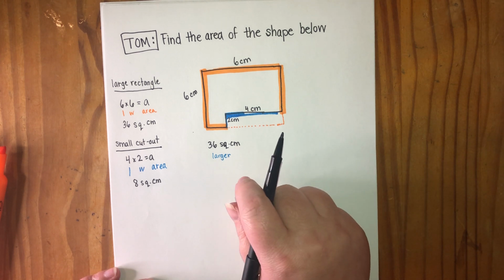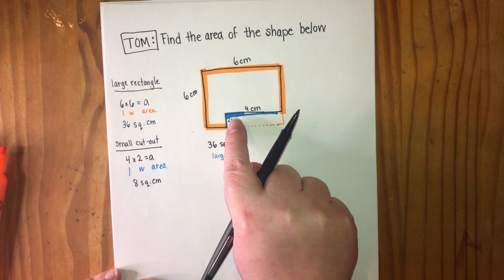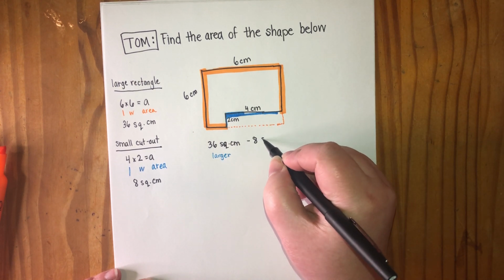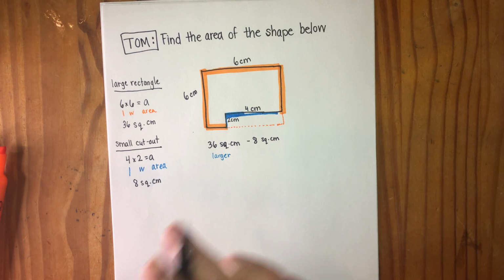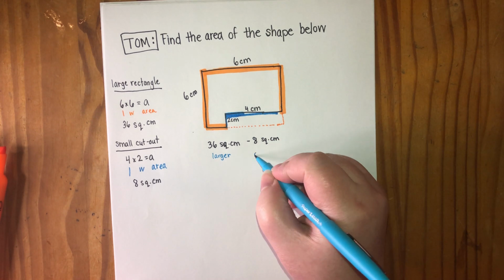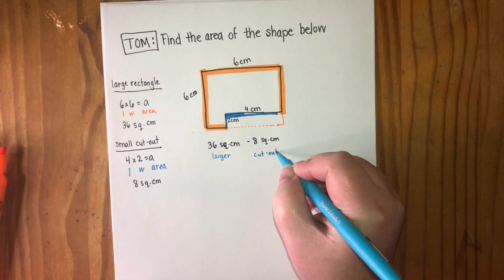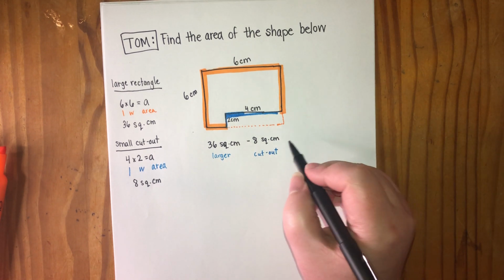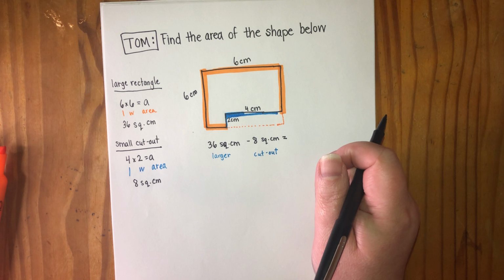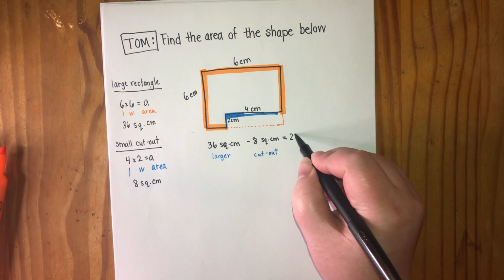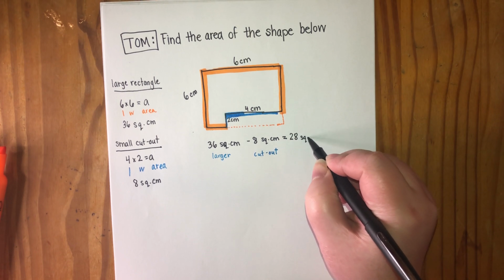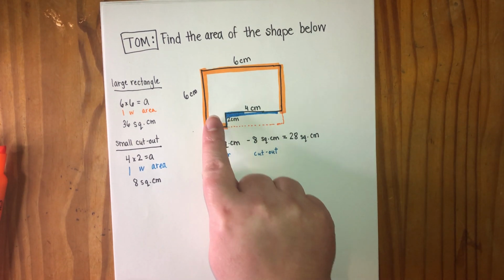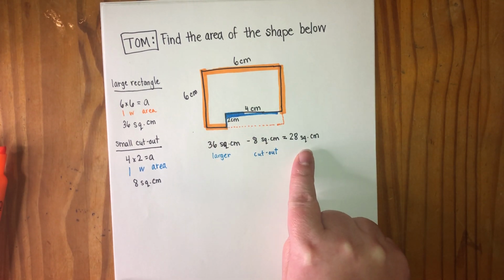And we want to subtract the cutout part, and the area of the cutout part is 8 square centimeters. And 36 take away 8 equals, yes, 28 square centimeters. So the area of this cutout figure is 28 square centimeters.